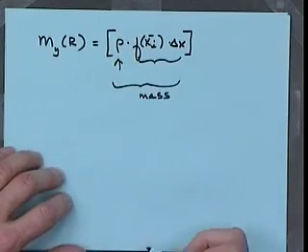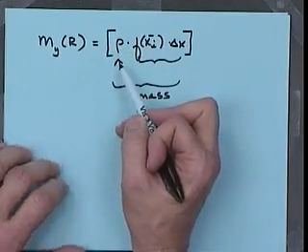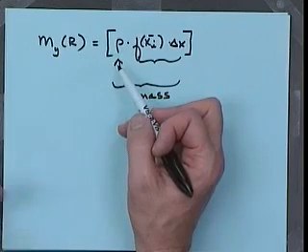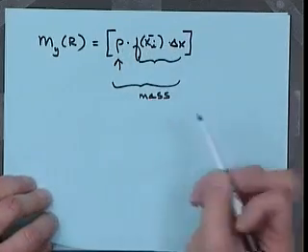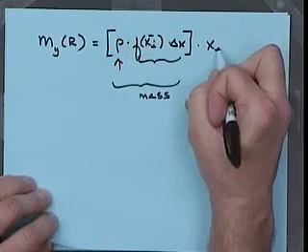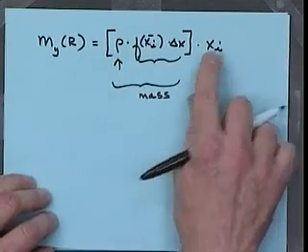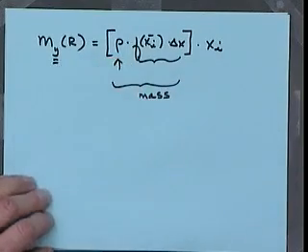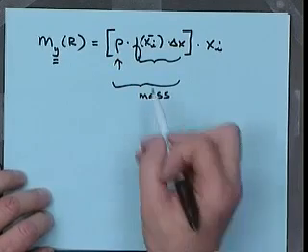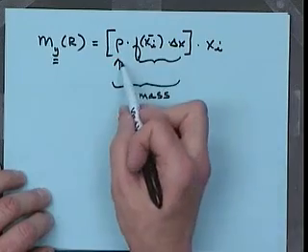Don't worry about this little rho out here, because when it's all said and done, those are going to be gone. But right now, that's the density of the laminate of the region. So density times area gives us the mass. We want to multiply that by x sub i. That x sub i is how far this mass is from the y-axis, and we're doing M sub y. Is that okay? We hadn't done this yet, and we were needing it in the integrand. So that's where this is coming from.